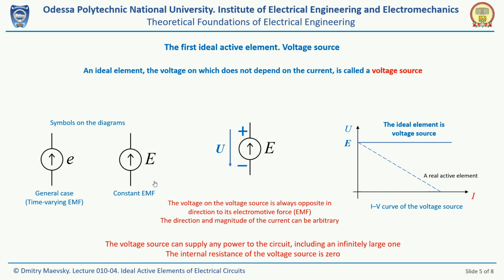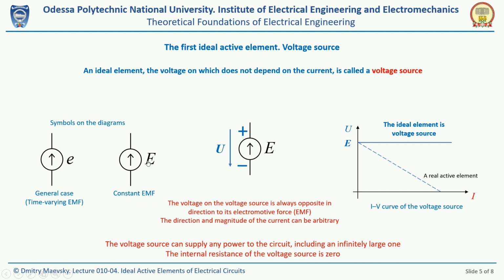If the voltage of the voltage source, or its electromotive force, which is equal, changes over time, it is indicated by a lowercase letter e, like in this figure. In the case of a voltage that is constant in time, the capital letter E is used.